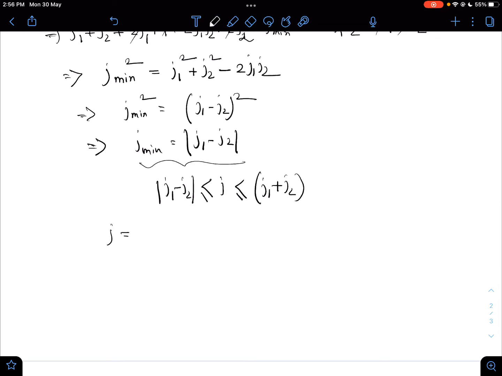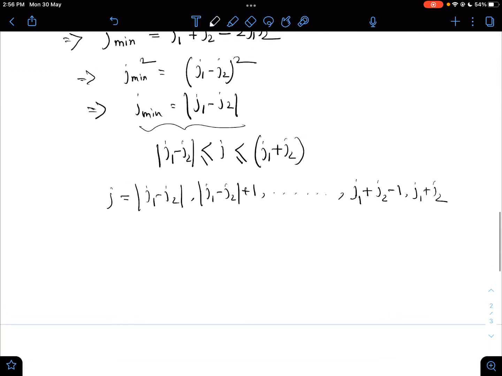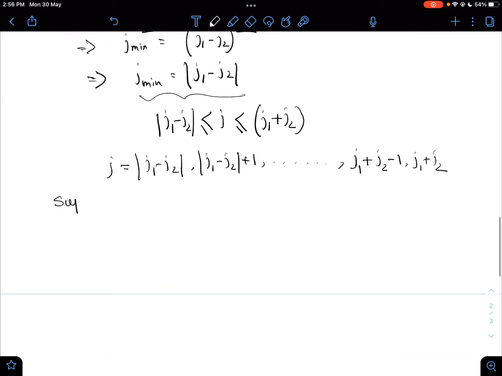So J has values of J1 minus J2, J1 minus J2 plus 1, and the last two terms will be J1 plus J2 minus 1 and J1 plus J2. So let us consider an example. Suppose we have J1 to be 2 and J2 to be 5.